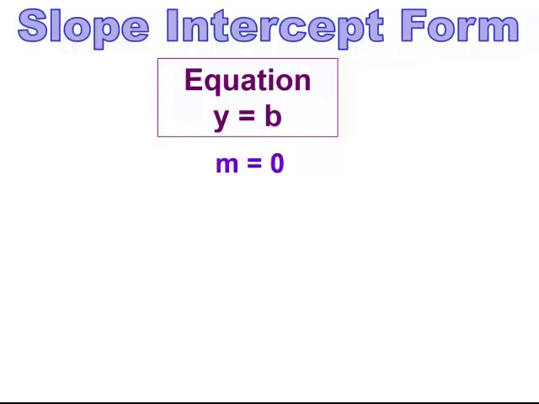So now when you're given an equation and it's just y equals some number, the slope is going to be 0. And when the slope is 0, remember, it has a horizontal line.